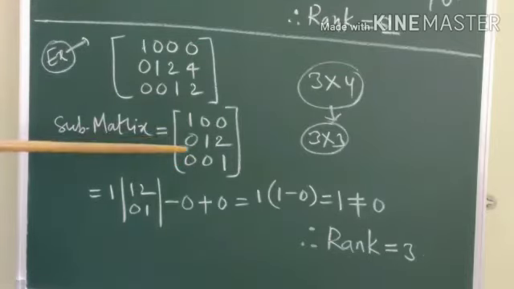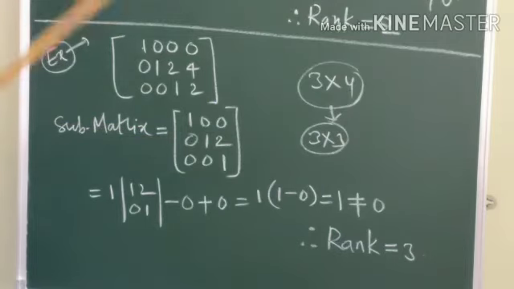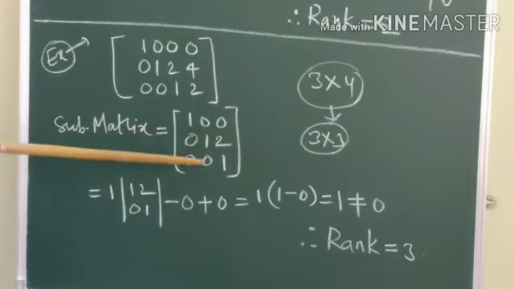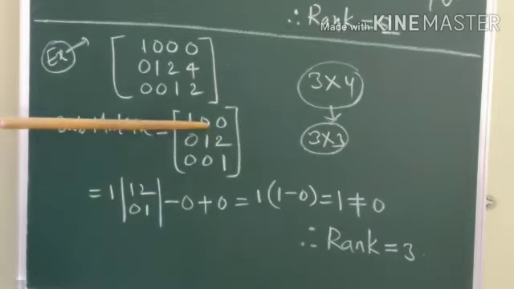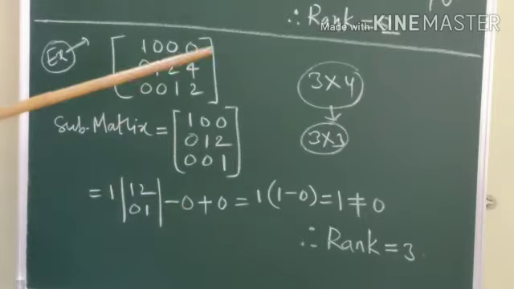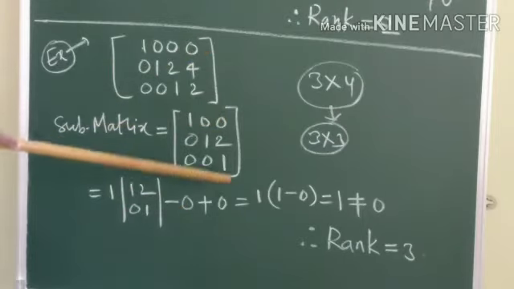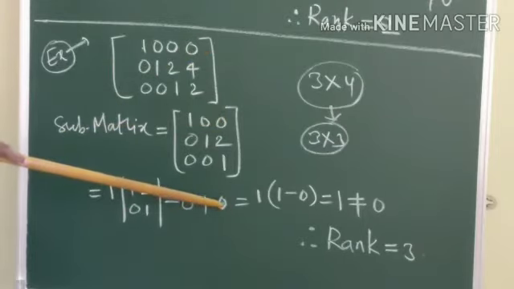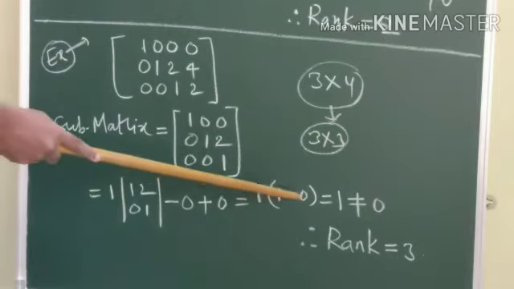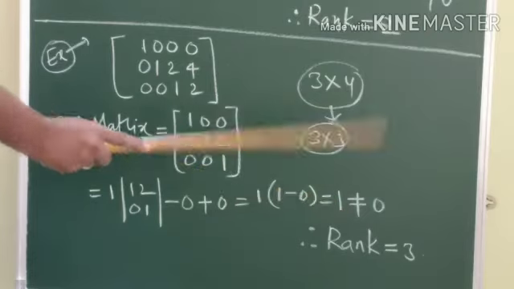And find the determinant of this 3 by 3 submatrix. So what we get? 1 into determinant of 1 2, 0 1, and next element is 0, 0 into something is 0, and the third element is also 0 into something, 0. By simplifying this, we get 1 into 1 minus 0, that is equal to 1.